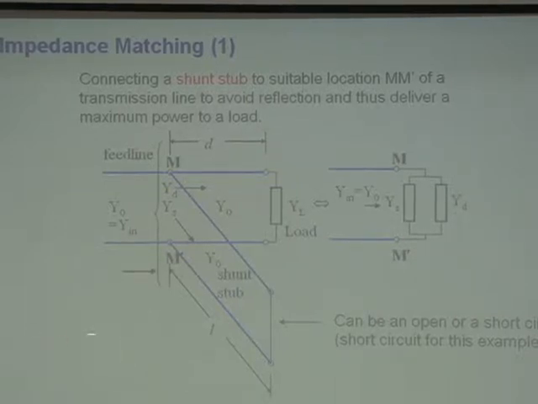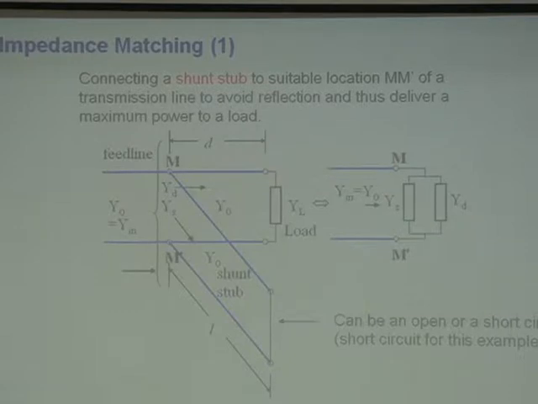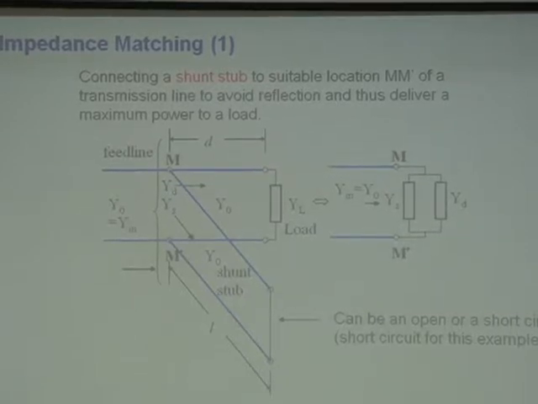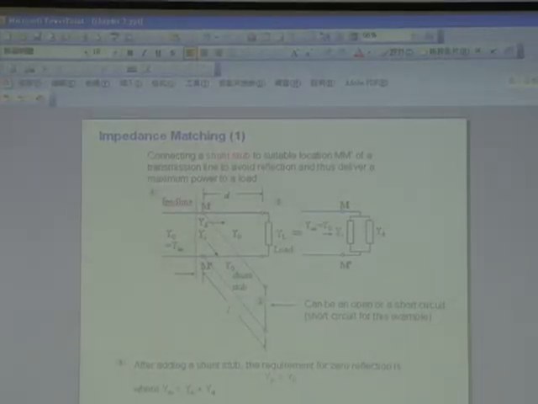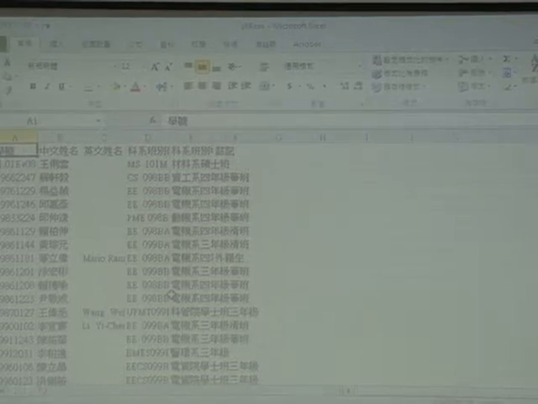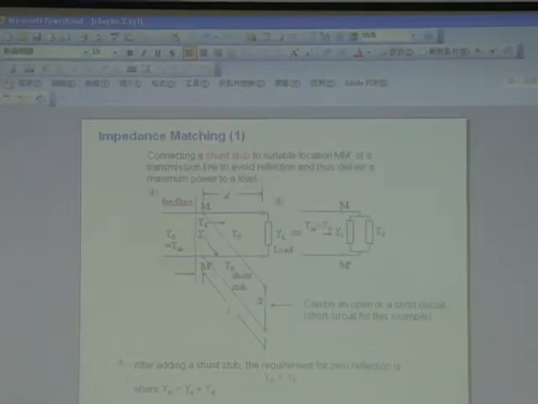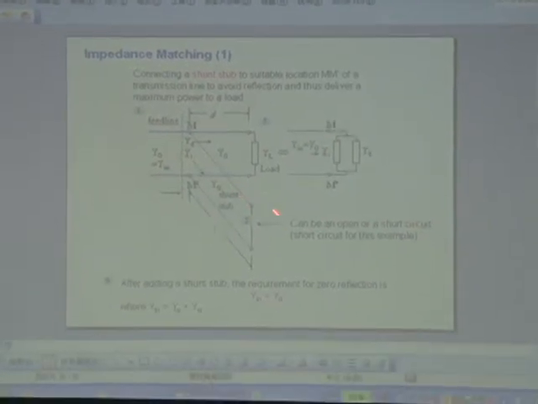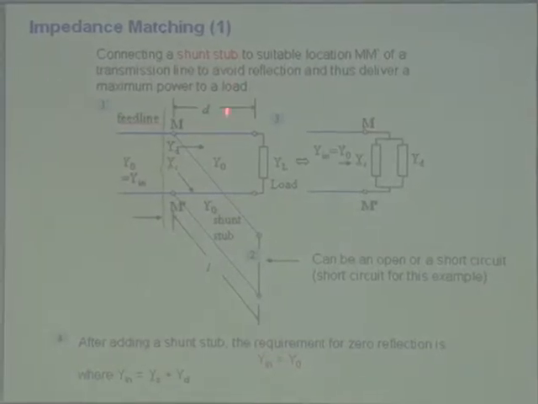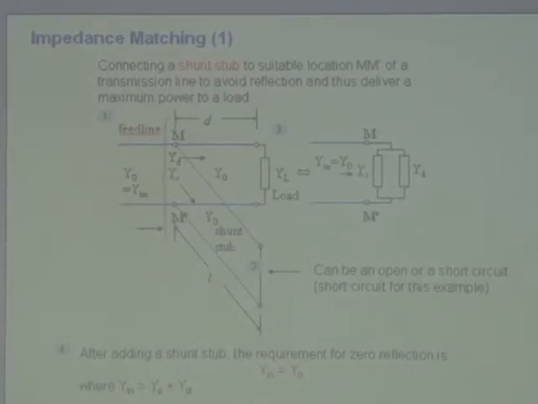So the design criterion is that you want to have your input admittance equal to the characteristic admittance. Any questions? Can you understand? So in this design, basically you connect a short circuit transmission line or open circuit transmission line at some place, and then the input impedance looking in equals your characteristic impedance.